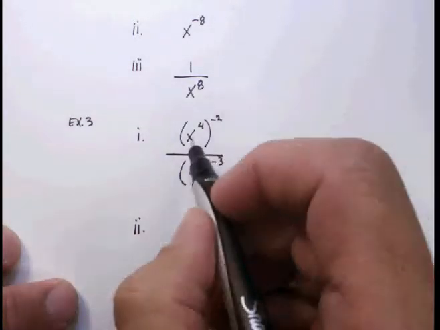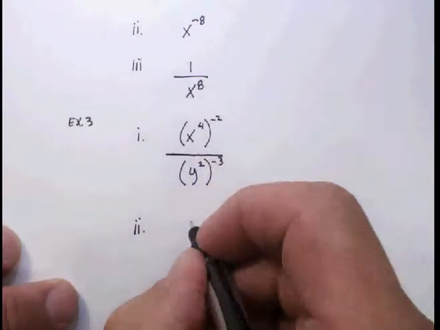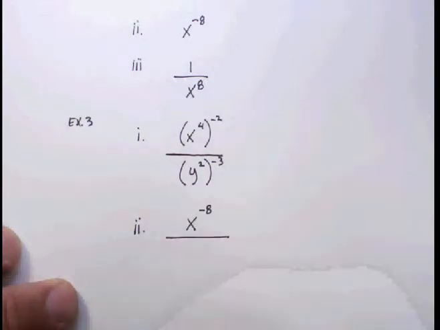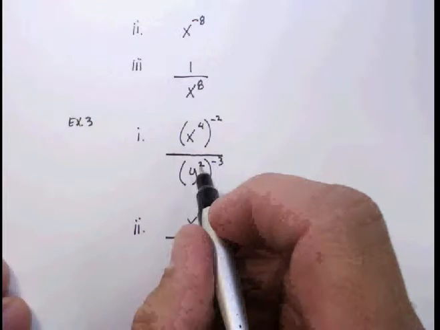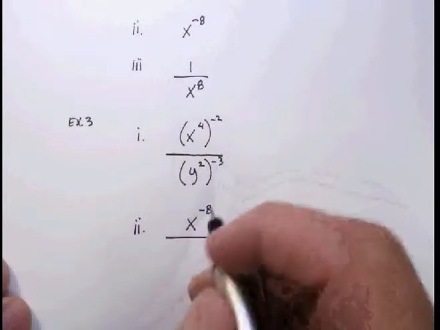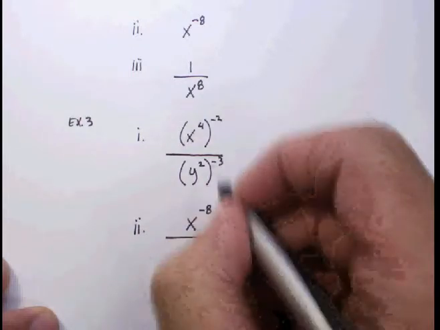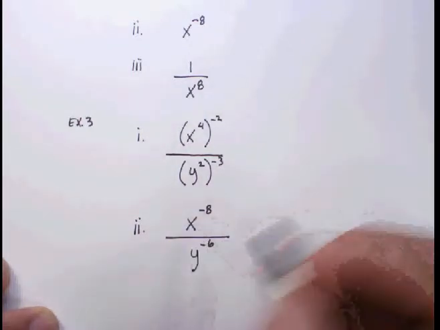Well, I already know that x to the 4th raised to the negative 2 is x to the negative 8th, don't I? Now let's go down here and look at this denominator. y squared raised to the negative 3 is just y to the negative 6th. Just multiply those exponents.